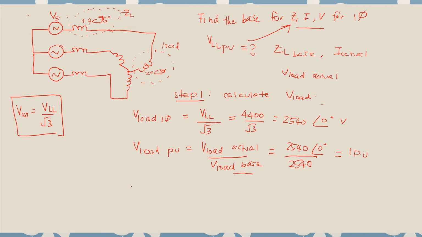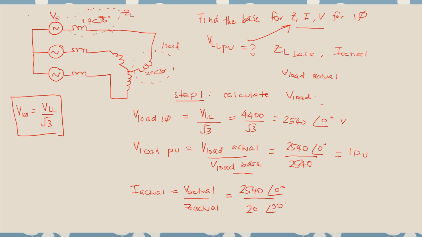Let's calculate for I actual. So I actual is V actual divided by Z actual. In here we are taking V load actual, which is 254, divided by 20.